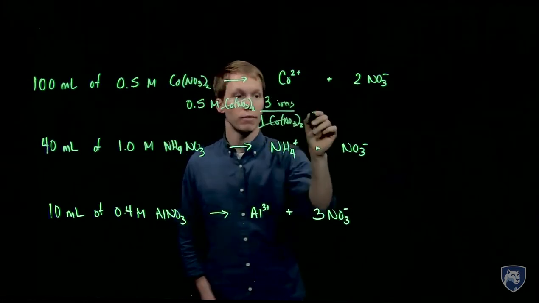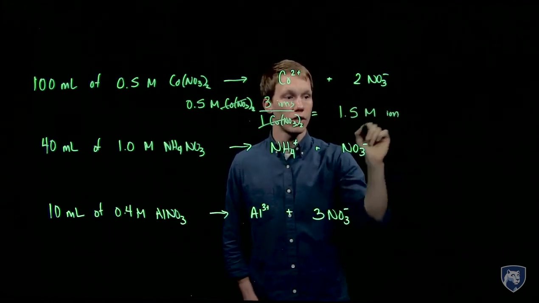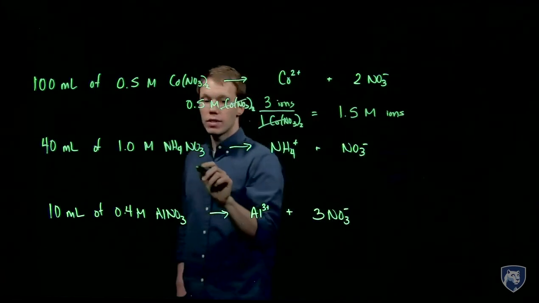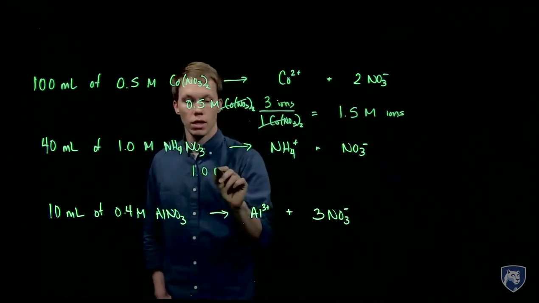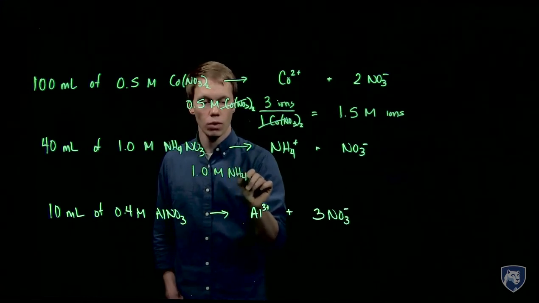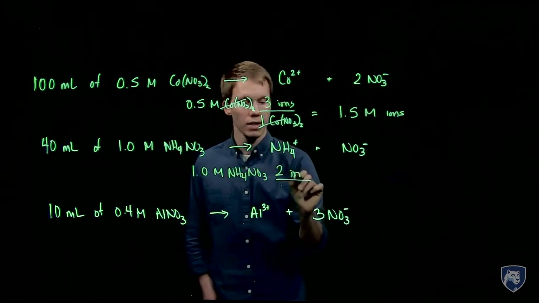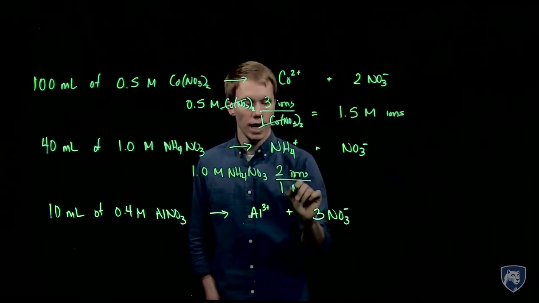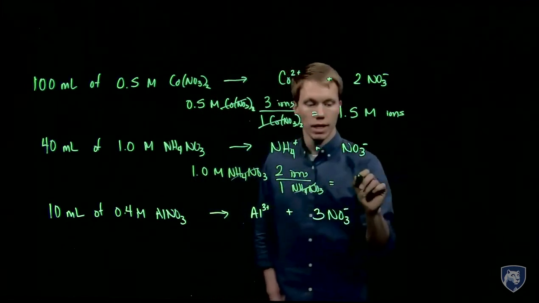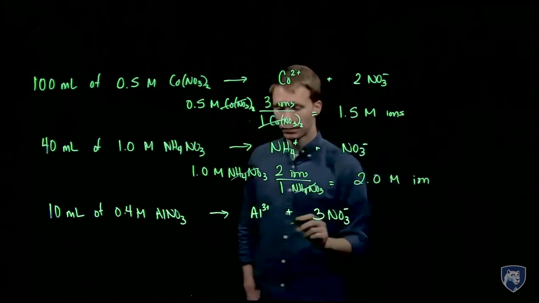This will give me 1.5 molar ion concentration. Okay. When I do the same for the ammonium nitrate, I have 1 molar ammonium nitrate, and that dissociates into 2 ions for every 1 NH4NO3 unit. So that gives me a 2 molar ion concentration.